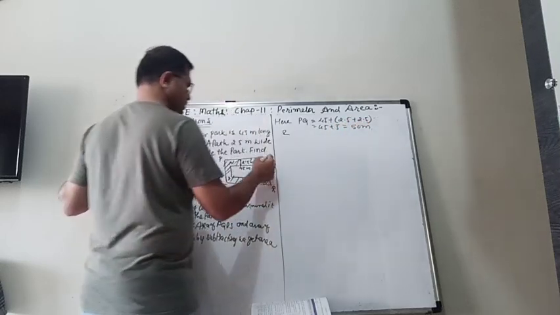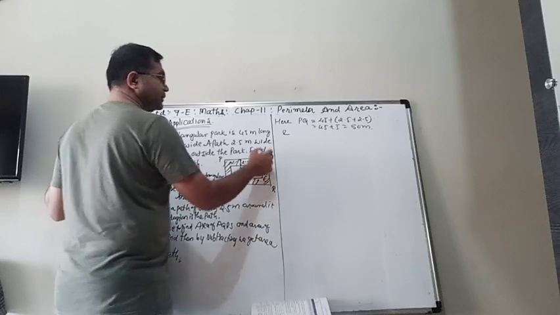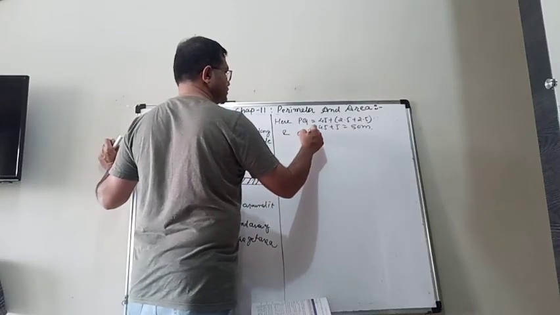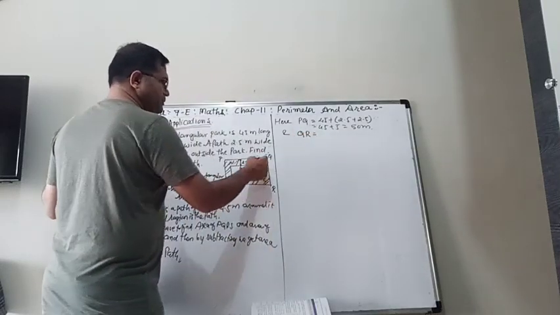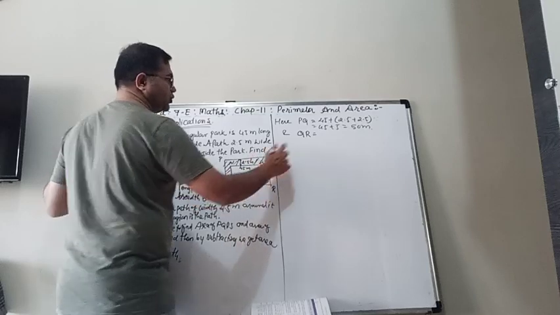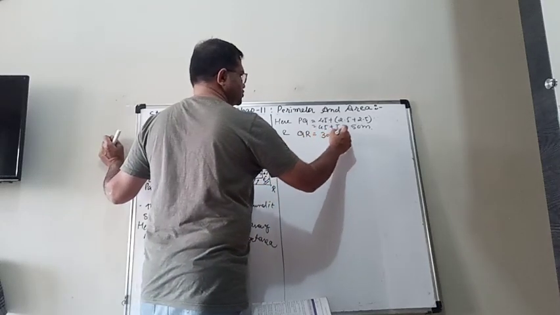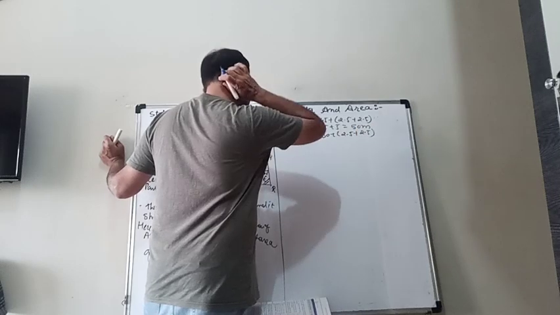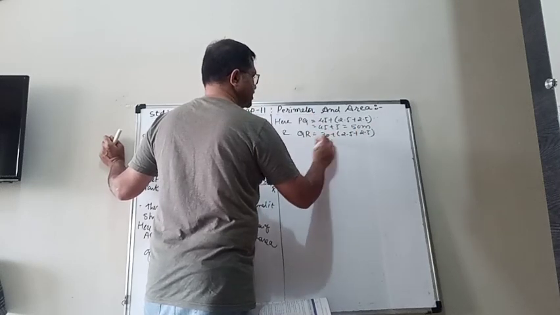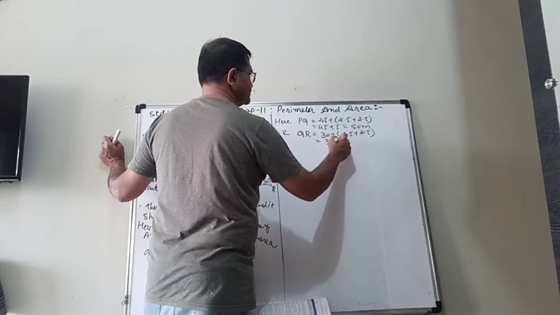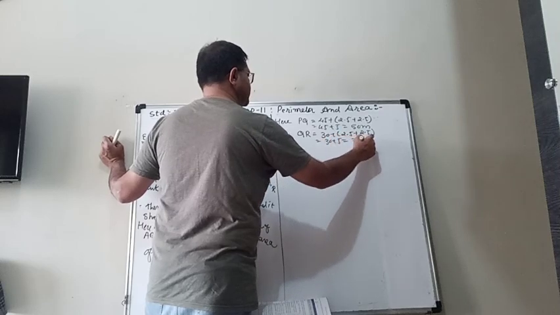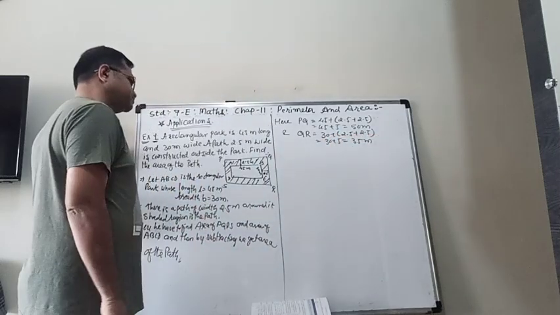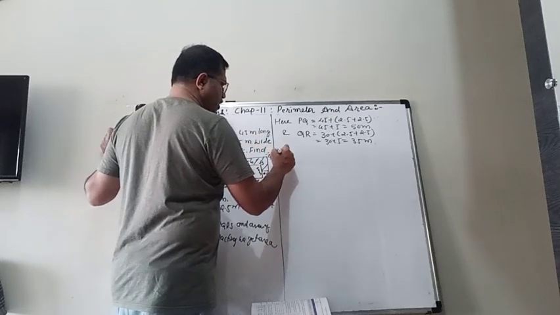And what will be QR? BC is 30 and 2.5 on both sides. So 30 plus 2.5 plus 2.5, that is 30 plus 5, that is 35 meter.